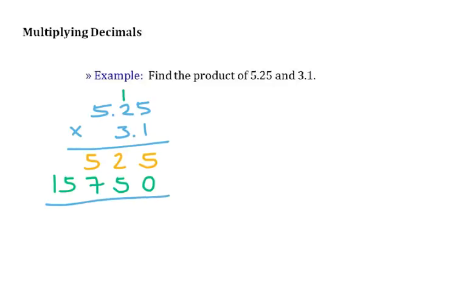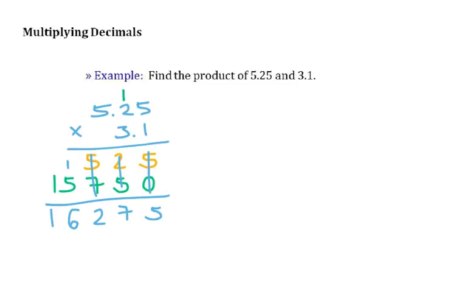So adding, there we have 5, 7, 12. Carry that 1, so we have 6 and 1. So for a brief moment here, it looks like our answer is 16,275.